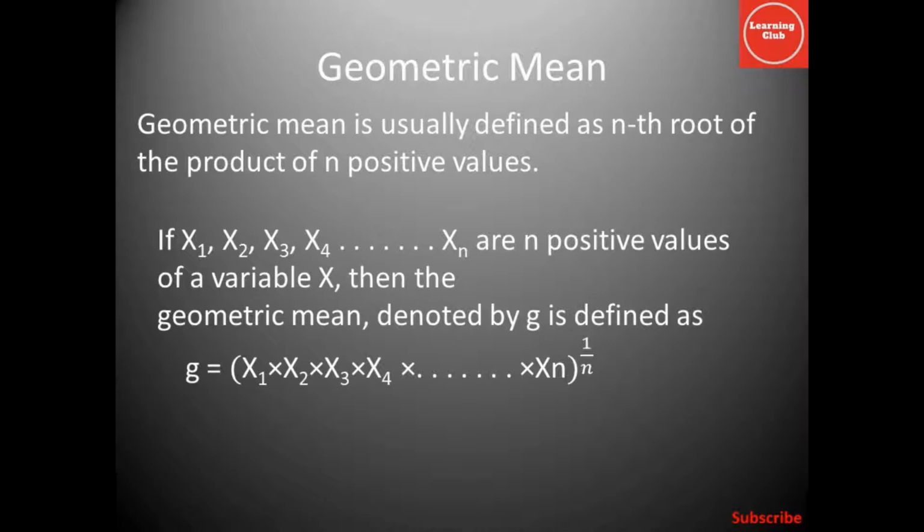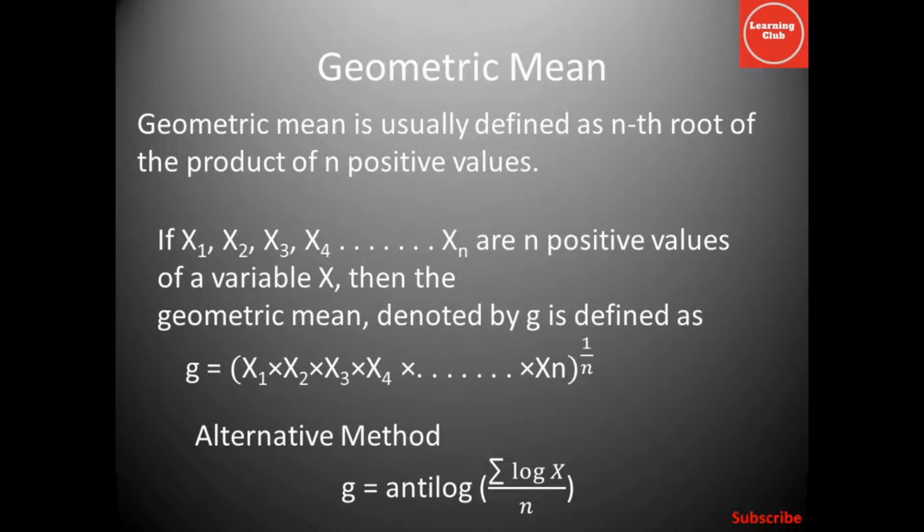We have to multiply all the values and take the nth root, as there are n values of a variable x. An alternative method which is used in this regard is G is equal to antilog of summation log x divided by n. This particular equation is actually the outcome of the already discussed equation. After some mathematical treatment, we are able to get this particular equation.